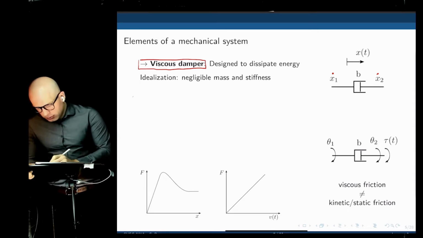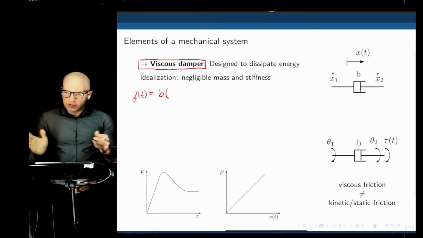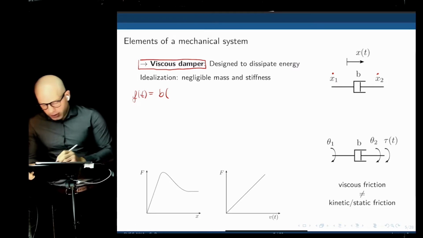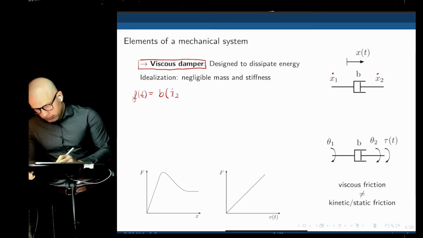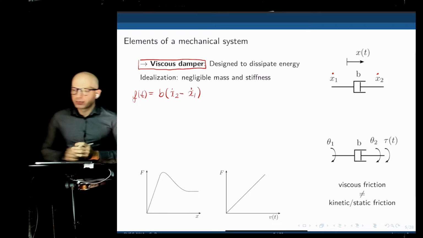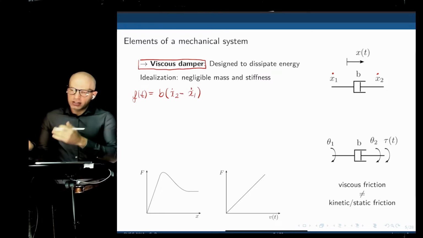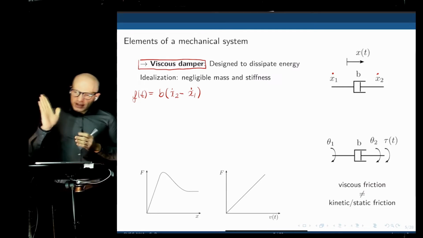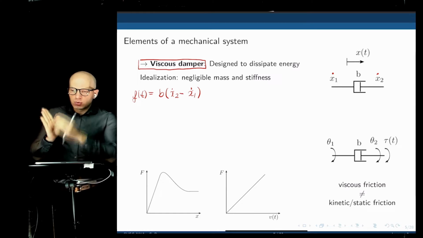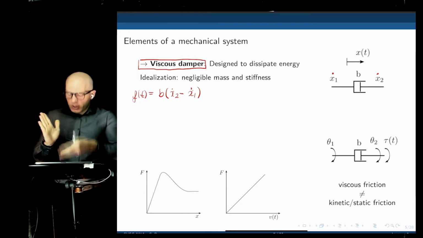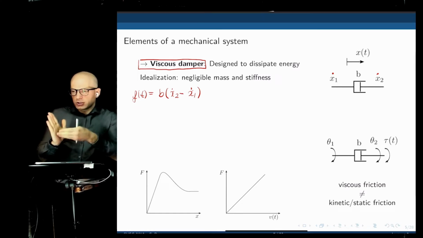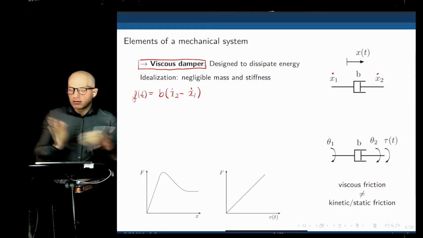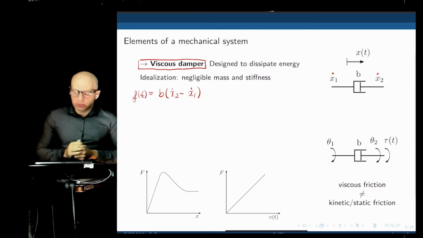The force developed in this damper is b times the relative speed between both ends, x2 dot minus x1 dot, or v2 minus v1, the speed on each side of the damper. If we fix one side of the damper, let's say x1 becomes fixed, then x1 dot becomes 0, there's no speed when you're fixed, and then the force simply becomes b times x2 dot.